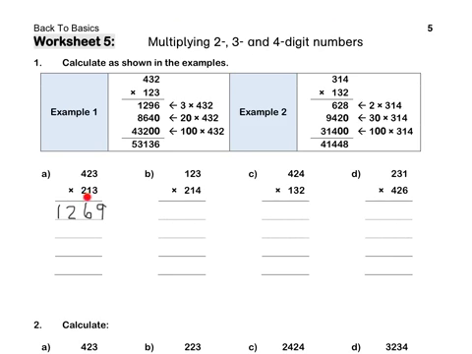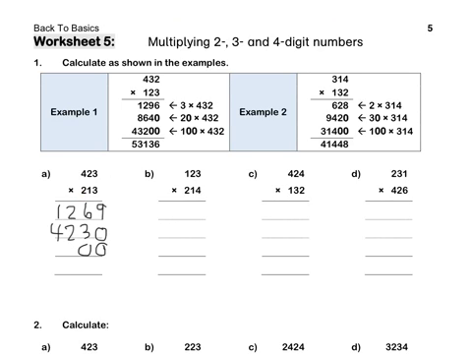Now we are going to move on to our 10. So we first multiply by 10. Then 1 times 3 is 3. 1 times 2 is 2. And 1 times 4 is 4. Next we need to multiply by 200. So we first multiply by 100 and write down 2 zeros.